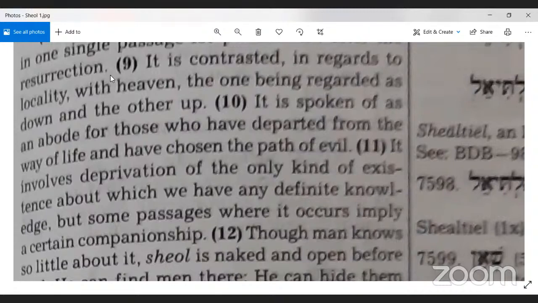Verse 9. It is contrasted in regards to locality with heaven, the one being regarded as down, the other up. 10. It is spoken of as an abode for those who have departed from the way of life and have chosen the path of evil.